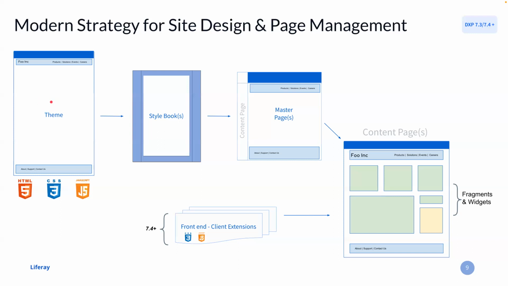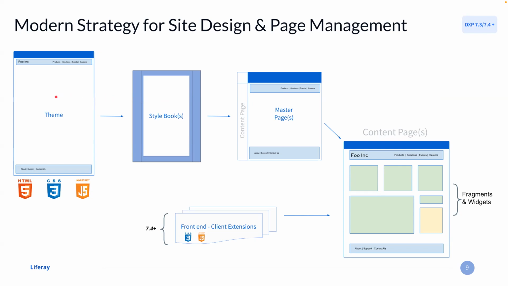But now a lot of these common elements, like the headers and footers that we would normally have in that portal normal FreeMarker template, can now be moved over to our content page. And instead of having a lot of our CSS values, the colors, font sizes, the font family, all assigned within our CSS within our theme, this can be abstracted and put into a stylebook so it can be a lot more dynamic.